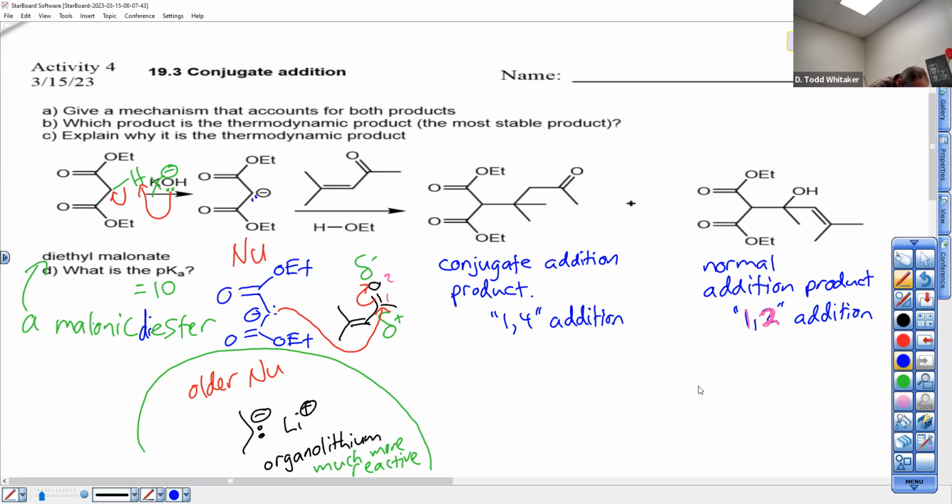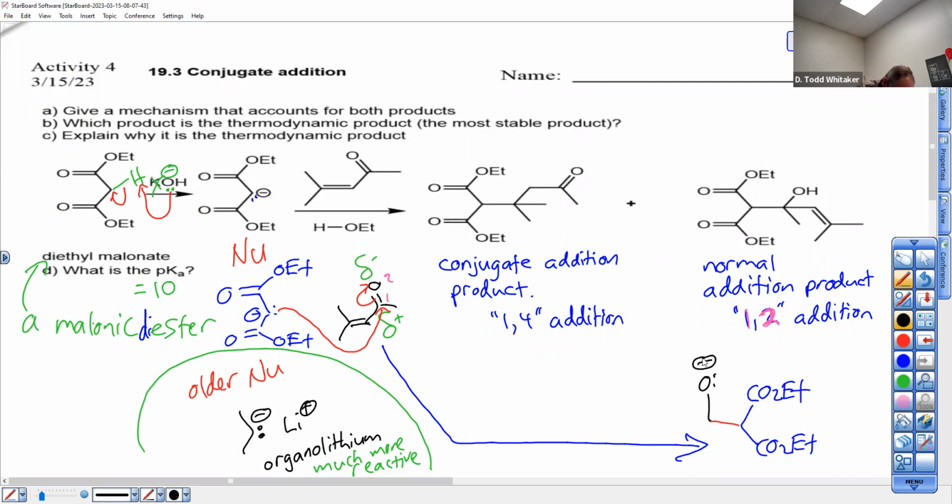And in fact, let's use my space a little more judiciously. We have CO2Et, CO2Et, new bond here to an O minus, which is attached to C double bond C dimethyl.